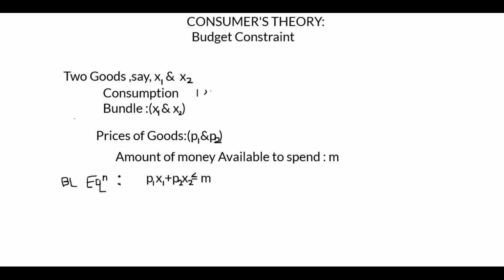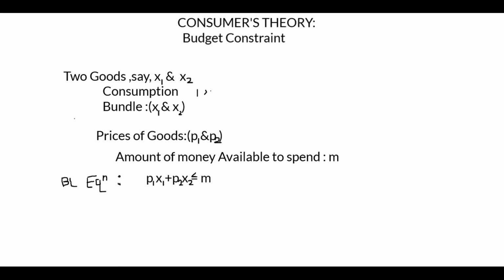We can now plot this budget equation on the graph, as we can see from the graph drawn above. Plotting this on the graph, we get good x1 on the x-axis and good x2 on the vertical axis, and to find the horizontal and vertical intercepts we need to use our basic maths.